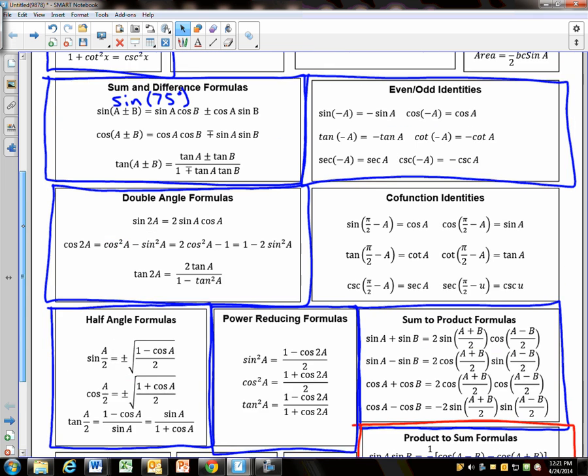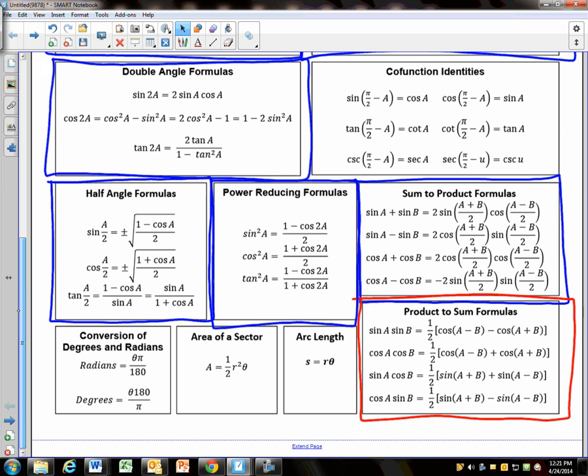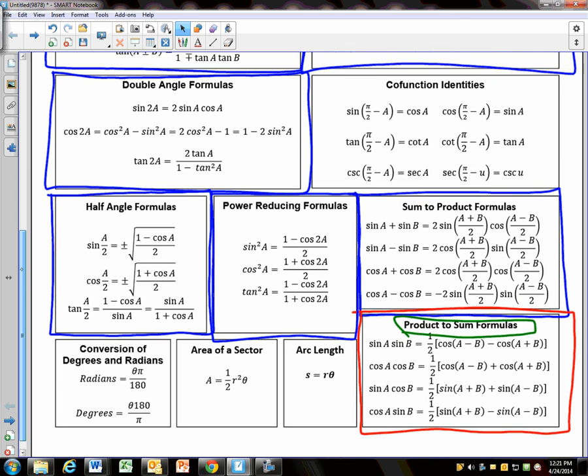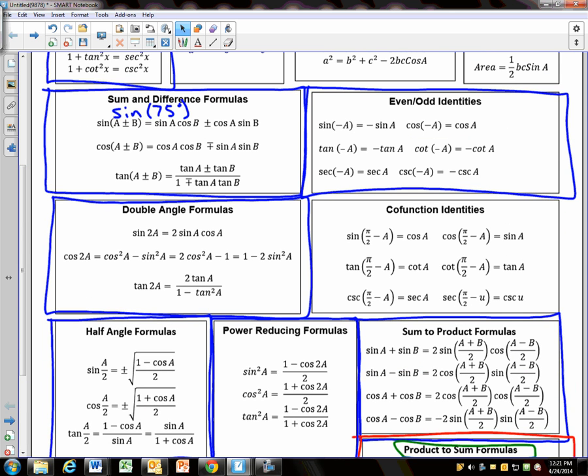And if the problem says convert from a product to a sum, then you know to go to the product to sum box. But suppose the problem looks like this: find the exact value of sine of 75 degrees. It doesn't say use a sum and difference formula. It doesn't say use a double angle formula.